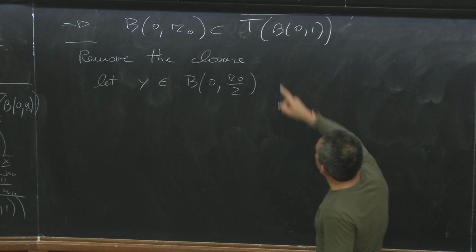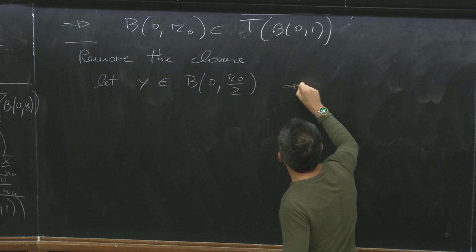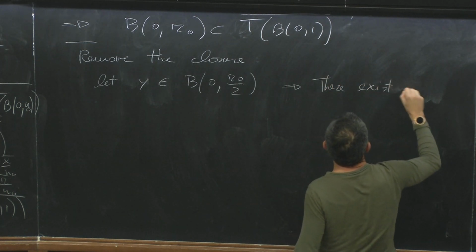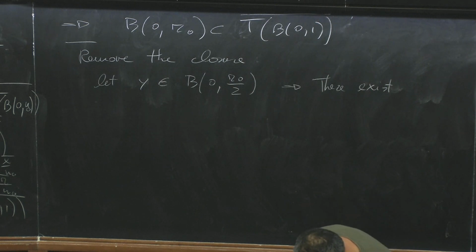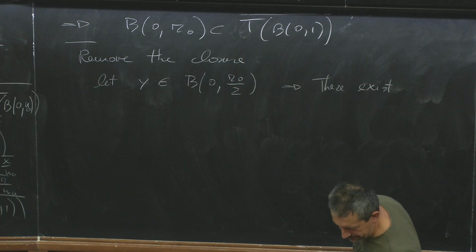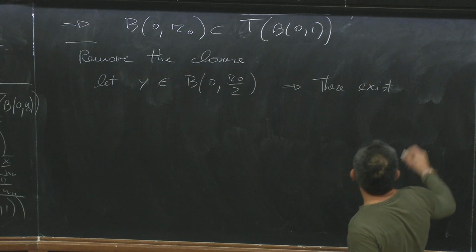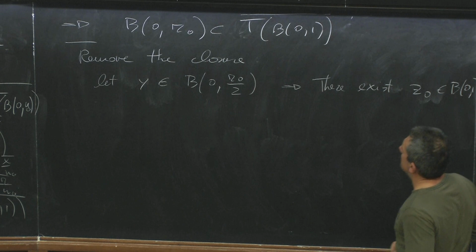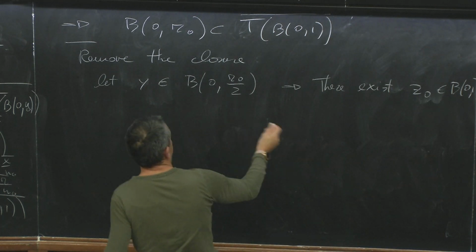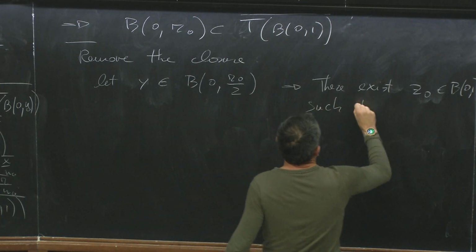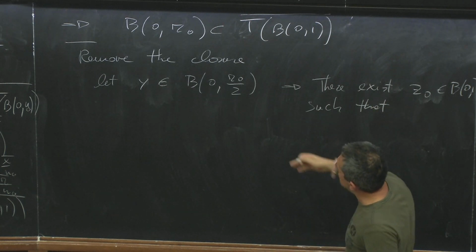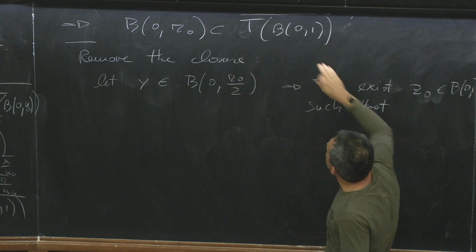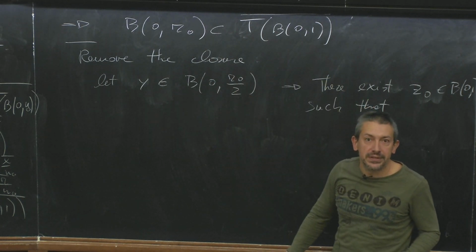Being in the closure, there exists a point z0 whose image is as close as I want.